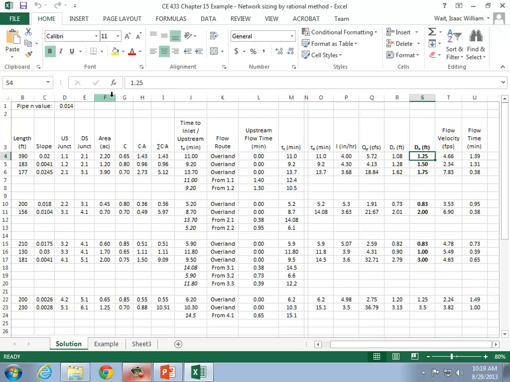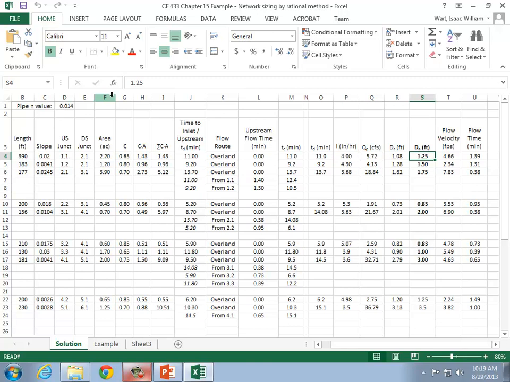All right. Now, the time to inlet is given: how long it takes for the water to flow over the surface. And so it's given that it's 11 minutes to get into pipe A through junction 1.1. This 13.7, that's how long it takes to flow from this edge over to the inlet.